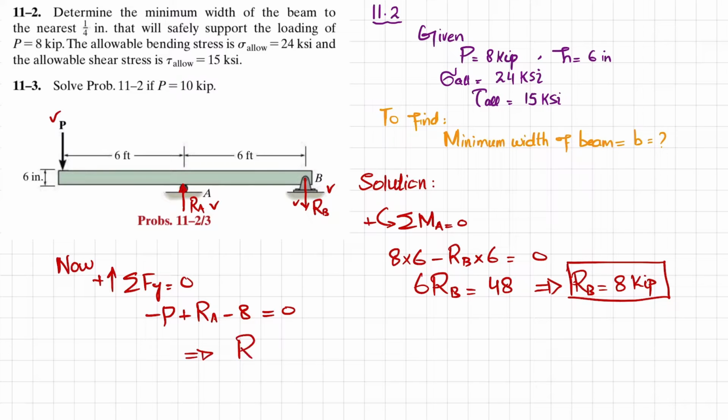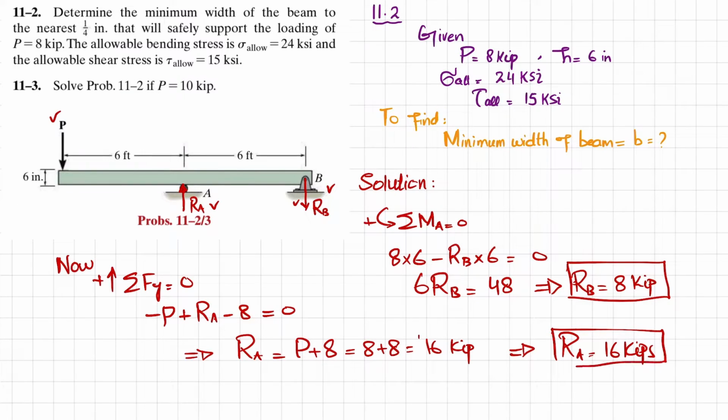So it means that Ra is equal to P plus 8. P is 8, plus 8 is equal to 16 kips. So from here we get Ra equal to 16 kips.